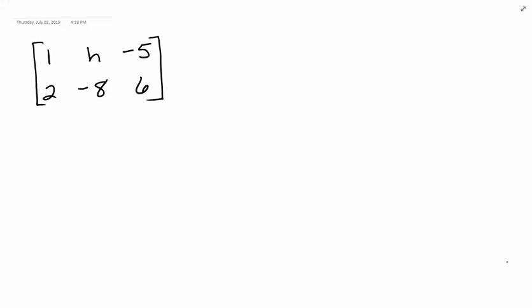All right, so the question we want to look at basically gives us this matrix and says, what values of h must we avoid in order to make sure that we have a consistent system? And so remember, an inconsistent system would have a reduced matrix that looked like this, and then something non-zero there.